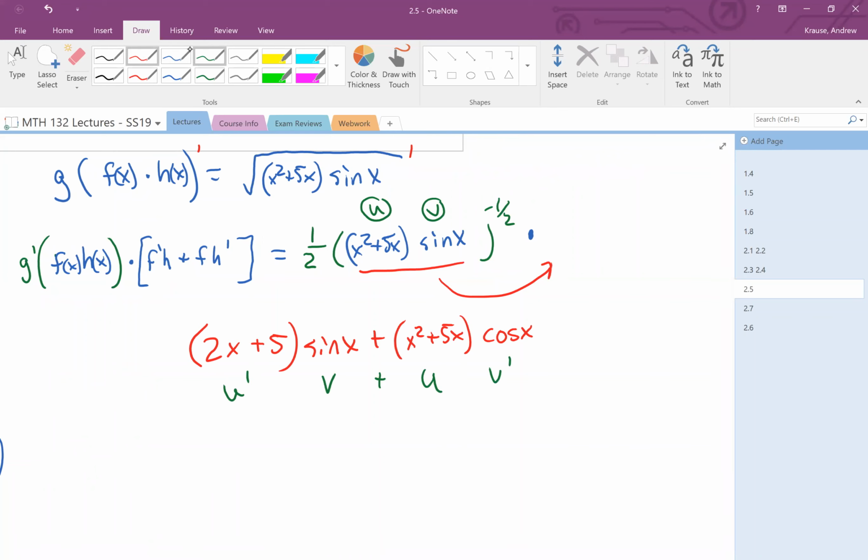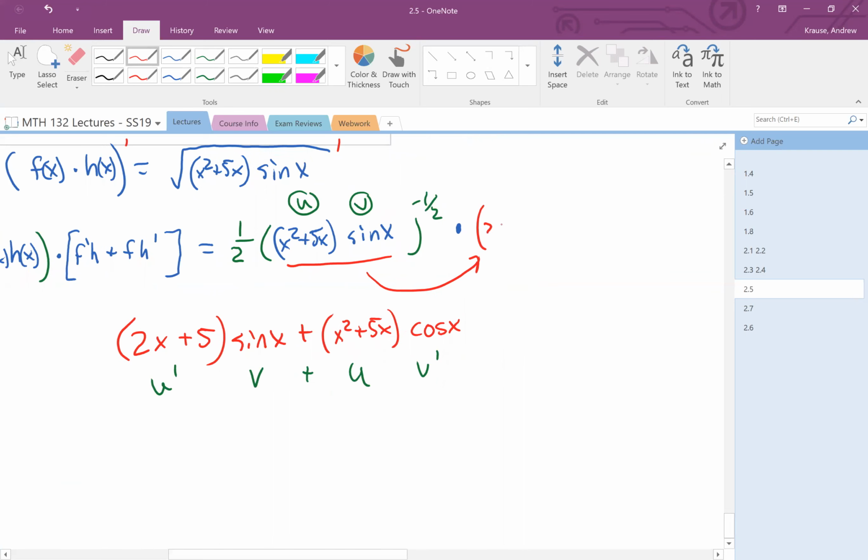And so now over here, we just have this 2x plus 5 times the sine of x plus x squared plus 5x times the cosine of x. And that whole thing needs to be in parentheses because that whole thing is being multiplied by the original function. Okay, so that's how you would do product rule inside of a chain rule.